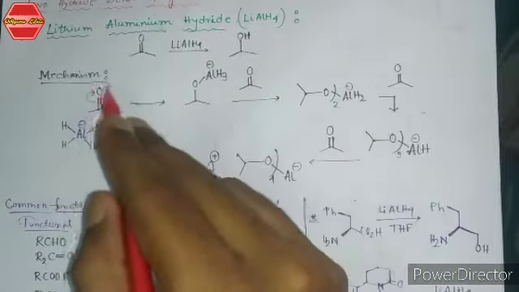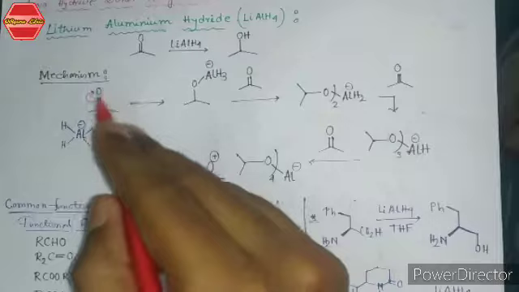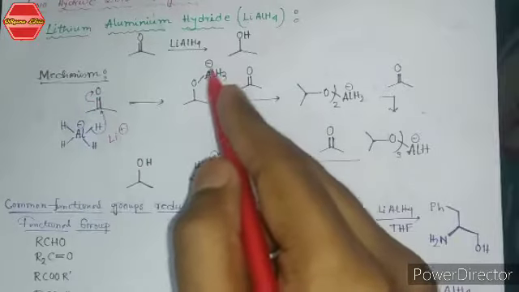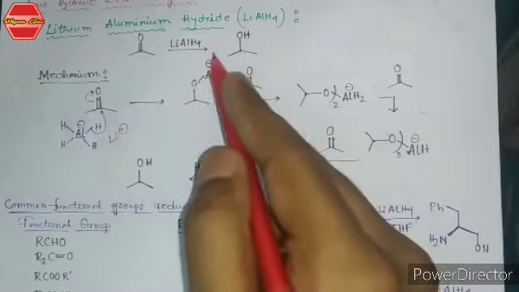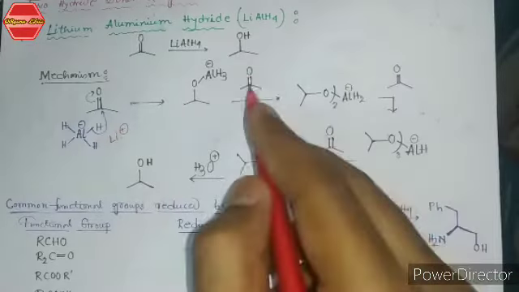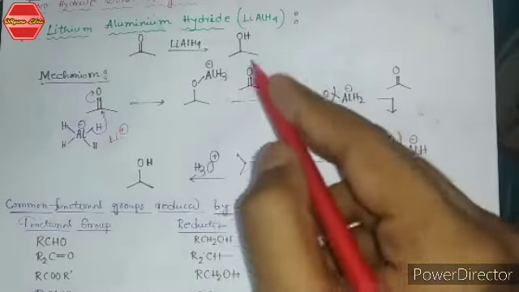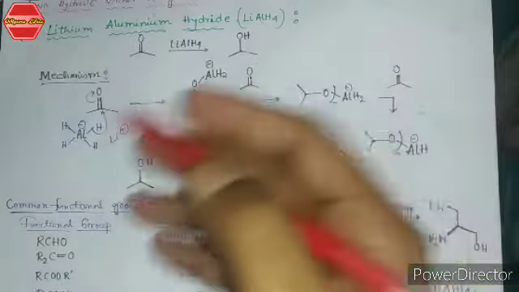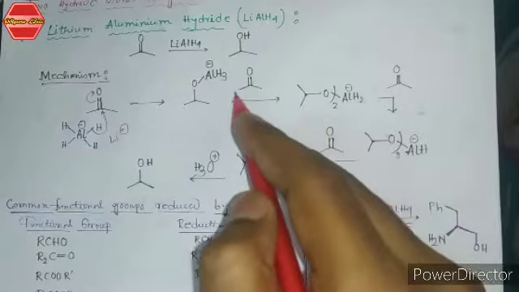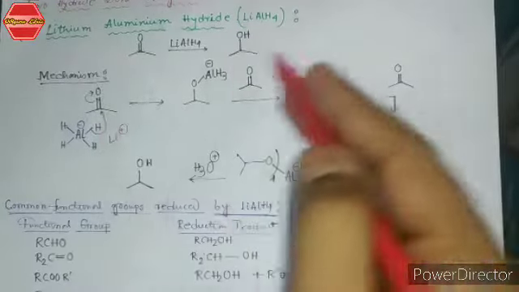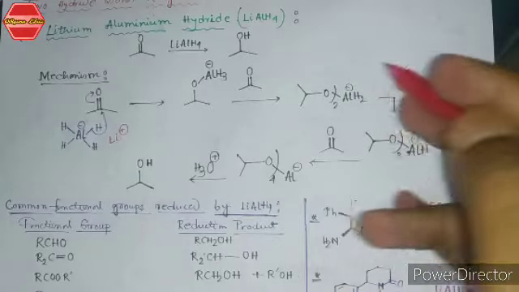So this oxygen atom is negatively charged, and this negative charge is coordinated with the aluminium center. This is not only for ketone, various ketones are present in these reactions.